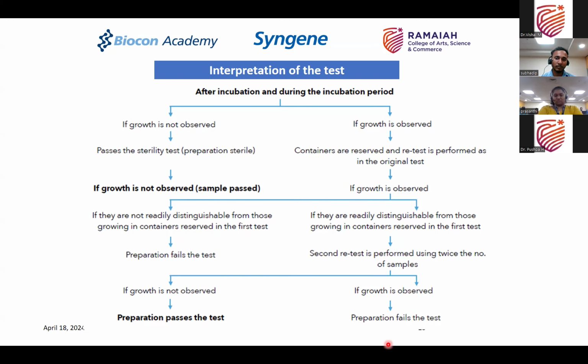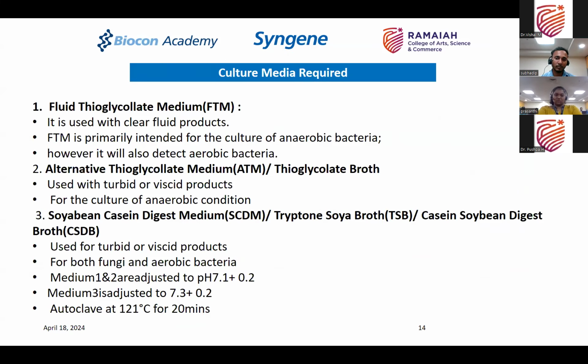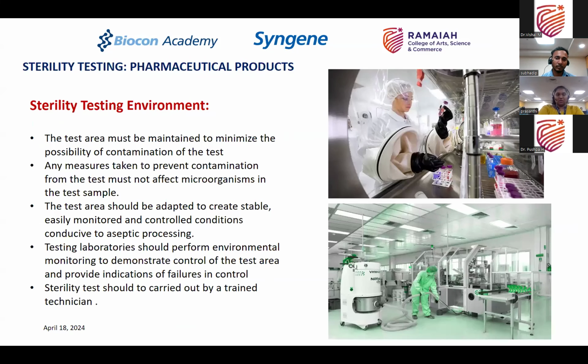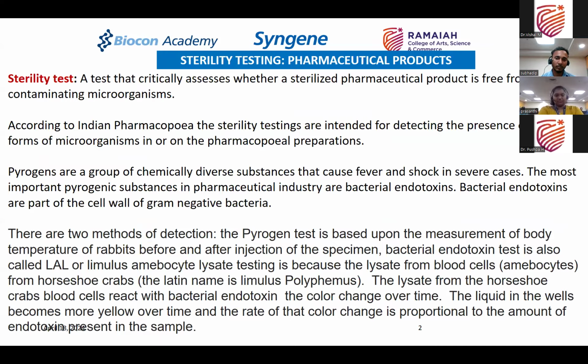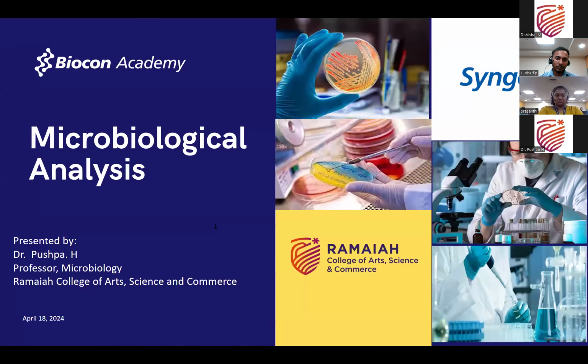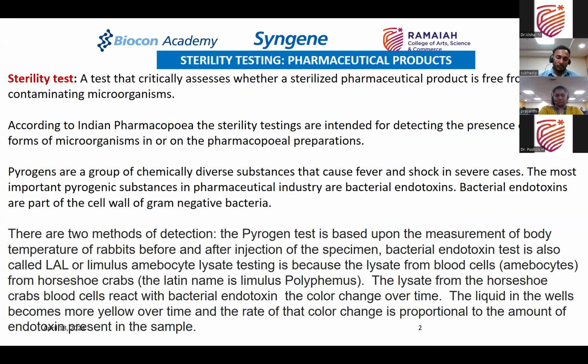So once again, let us briefly recap what we have learned here. With respect to microbiological analysis and the sterile manufacturing process, we are concentrating on the sterility test. We studied when you are going to call something sterile, the meaning of sterilization, and why sterility testing is required.